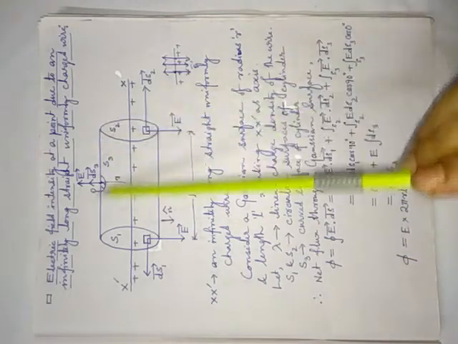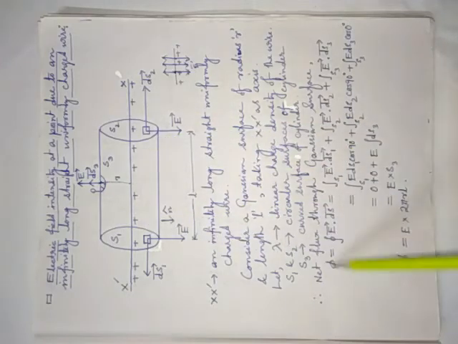Now the net flux through the Gaussian surface, which means the whole cylinder. Flux means what? Electric flux phi equals the integration of E vector dot dS vector.